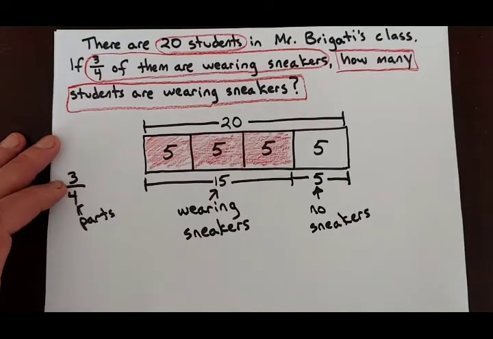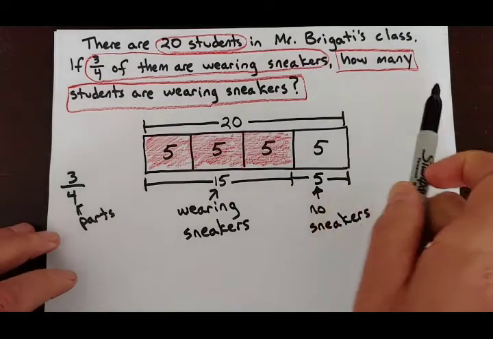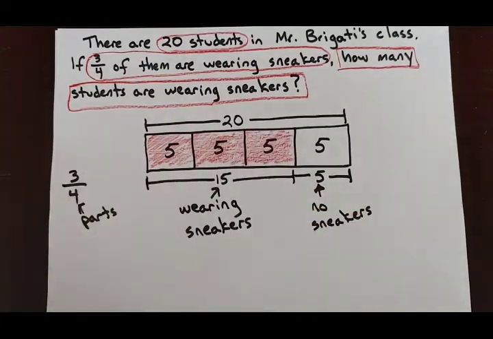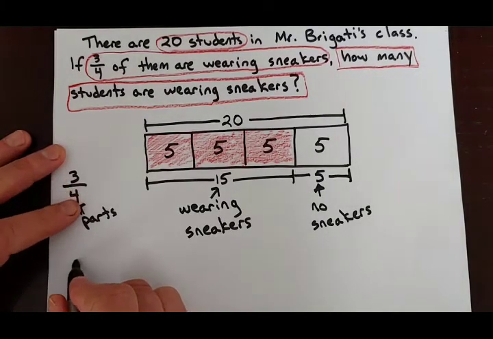So, am I done? I hope you did not say yes, because we don't have an answer statement yet. So what's my question? How many students are wearing sneakers? Who can restate that for me? Go ahead. What would you write? Oh, interesting. Let's write that. Let's see what other people think.